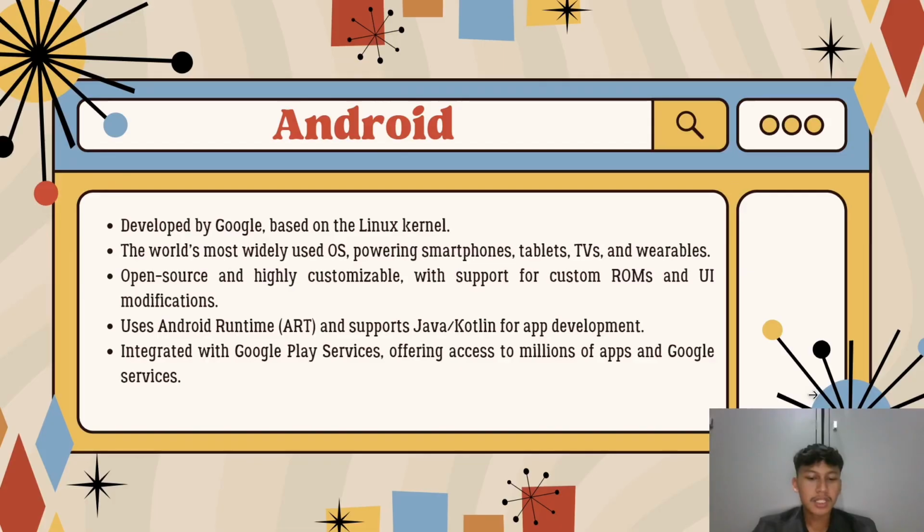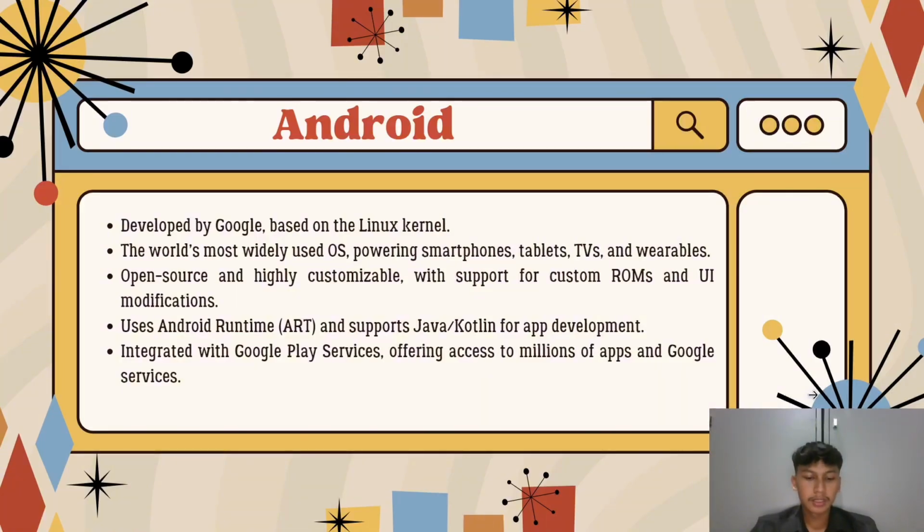One of the biggest advantages of Android is its customizability. Since it is an open source OS, users can modify the user interface, install custom ROMs, change themes, and tweak system settings. Additionally, Android supports third-party launchers and UI skins, which allow manufacturers to create their own unique user experience.